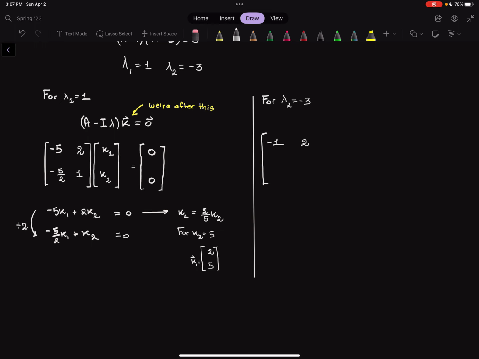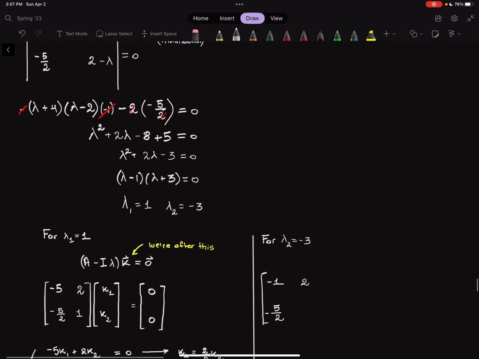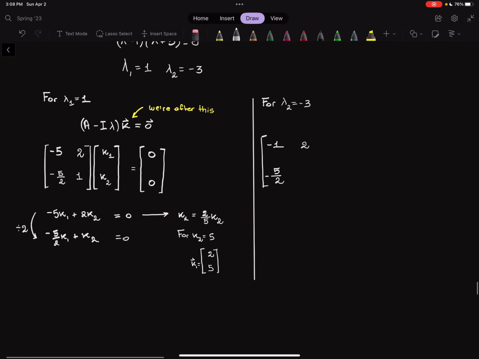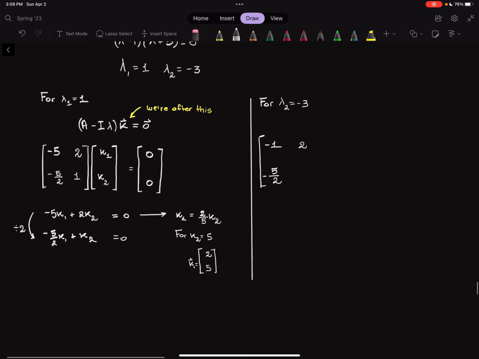We have that 5/2 here with a negative in front, so -5/2. And then finally 2 minus lambda. 2 minus -3 is 2 plus 3, which is 5. So we're going to have a 5 right here.